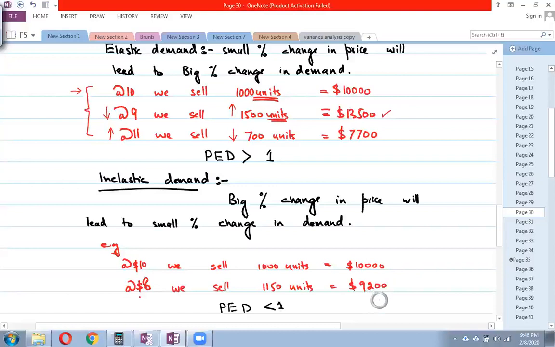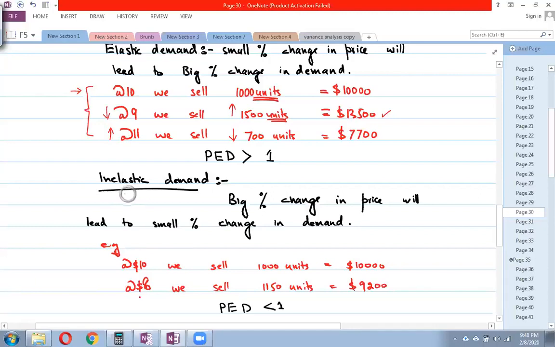The revenue will be reduced. So in this situation, should we reduce the selling price? Maybe not, because reducing the selling price will actually reduce our revenue. So maybe we should not reduce it. Though we will be selling more units, the overall impact will be that our revenue will be reduced, right?